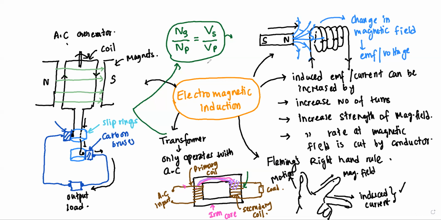An ideal transformer does not have any power or energy losses, so it is a 100% efficient transformer.